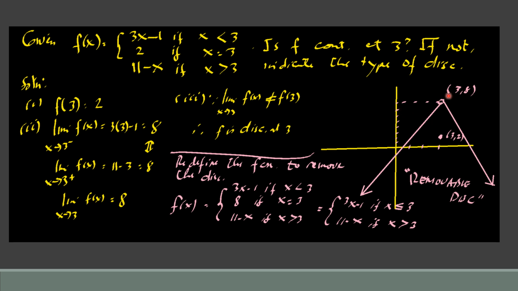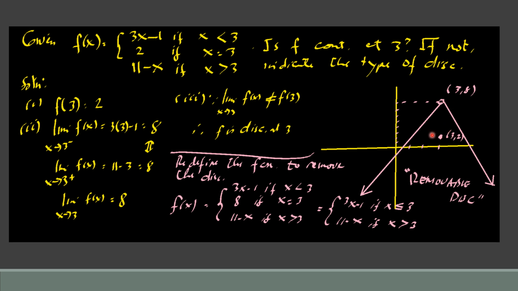Hence, we indicate that point (3, 8) with an open circle, indicative that that point is not included in the graph. But it says that when x is 3, your f is 2. So it is this point (3, 2) which is part of the graph of the function. The point (3, 8) is excluded. Instead, we have the point (3, 2).